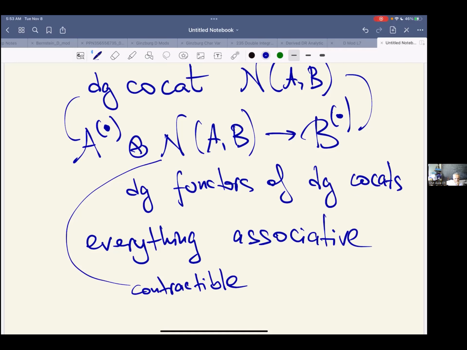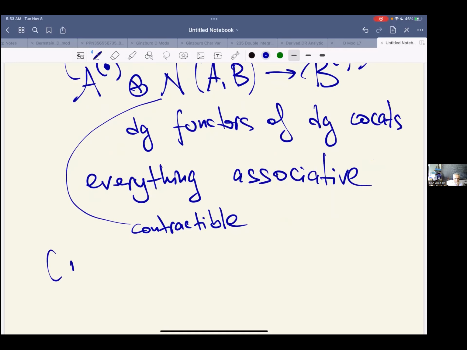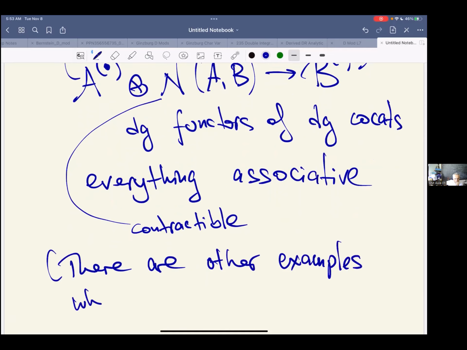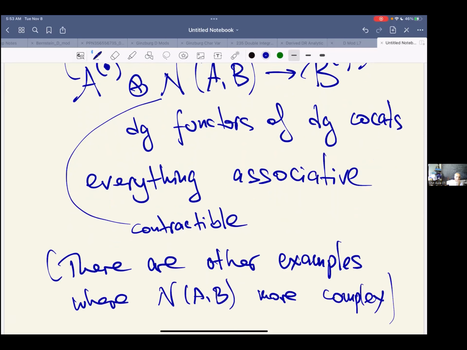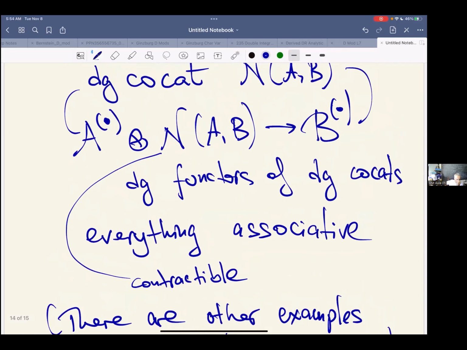And let me just say, there are other examples, and I think it would be quite interesting to understand what is the overarching algebraic structure behind all that. Okay, so let me stop here.